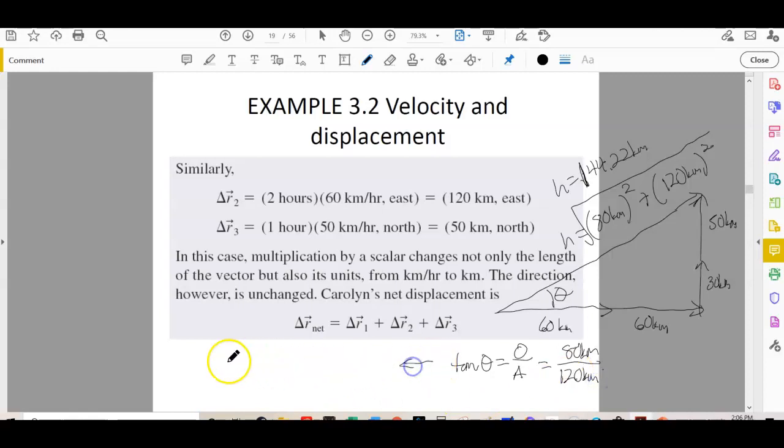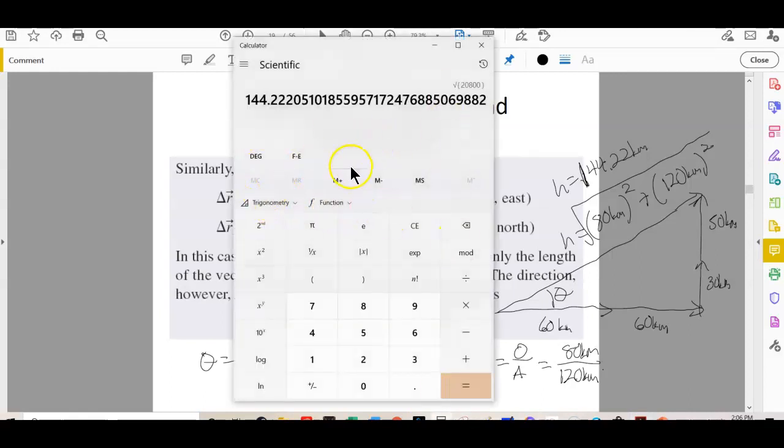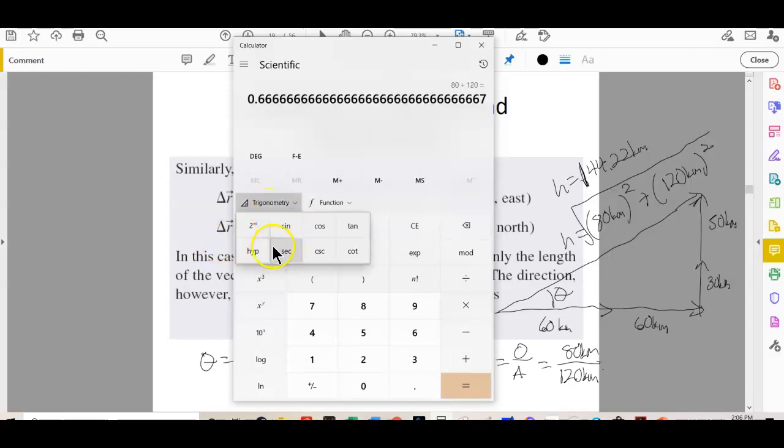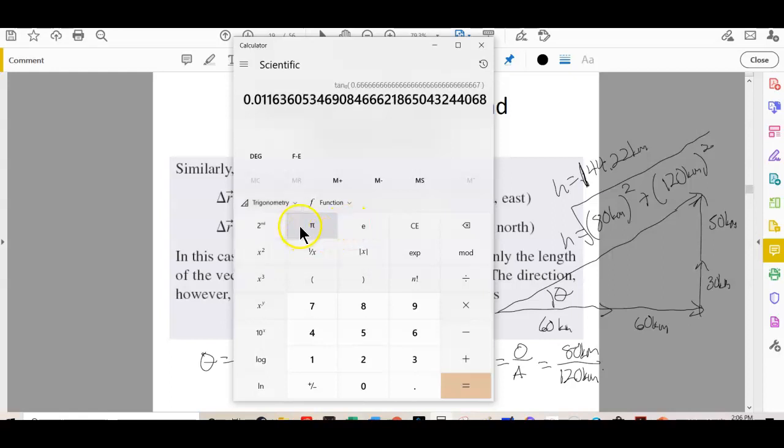So the theta, you take the inverse tangent, and that's equal to 80 divided by 120. And so let's see what we get here. Let's try this again. So this is going to be 80 divided by 120 equals, and then I'm going to go to trigonometry, tangent, whoops, I should have probably already had that set up.